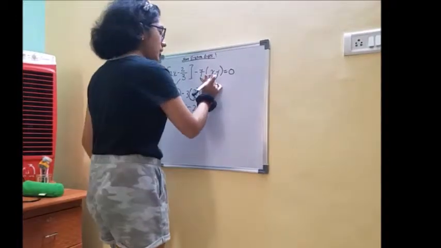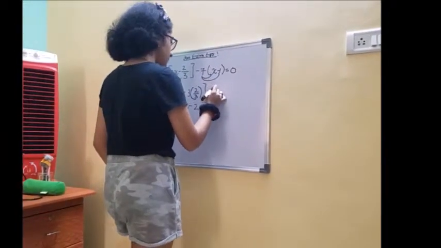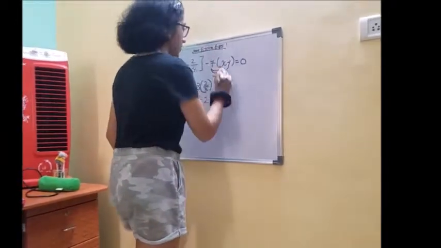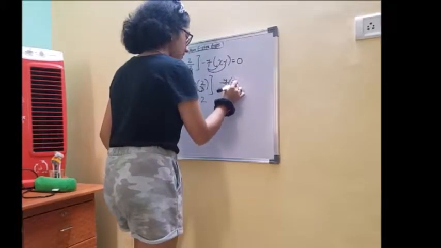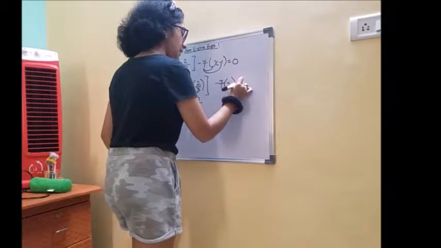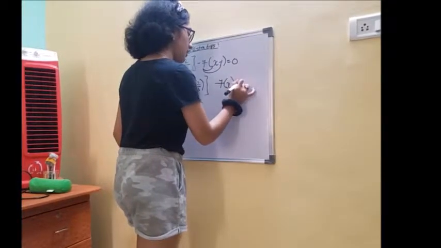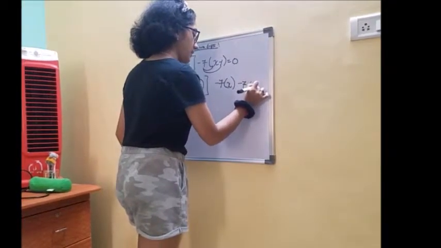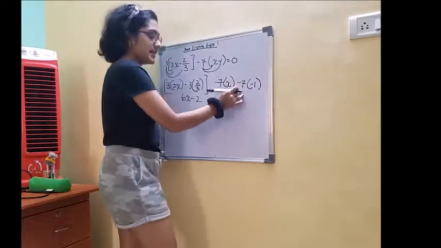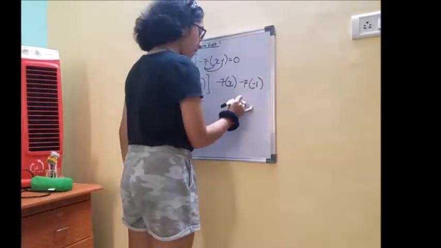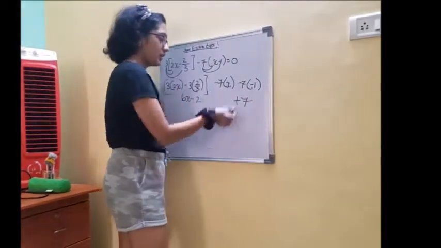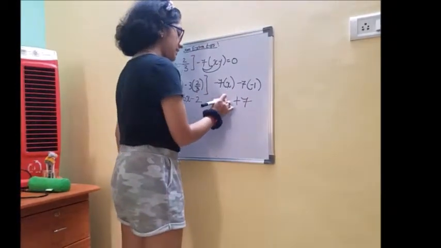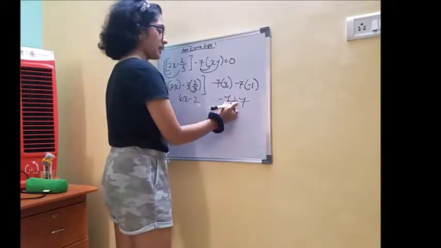And if you do the same thing over here, it is going to be negative 7x. Then negative 7, negative 1. So in this case, this negative and this negative will become a positive, so we're going to put positive as a common. We put 7 over here, and negative 7 times x is negative 7x.